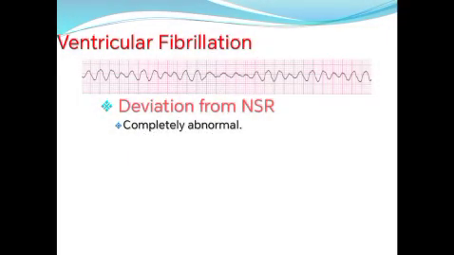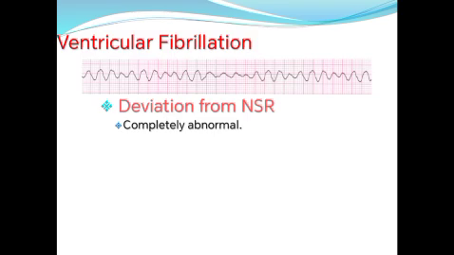And ventricular fibrillation, it is completely abnormal here, and definitely it's originating from the ventricle, but in a very chaotic way, everywhere, with no effective contraction, and it is irregular, and it is very serious. This is what's called shockable cardiac arrest.